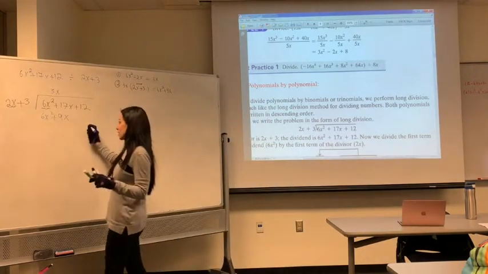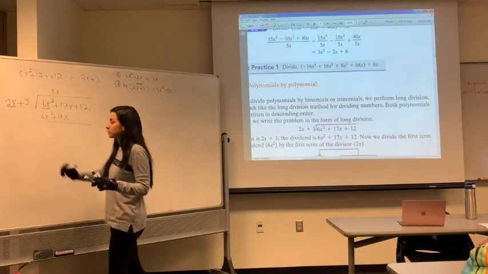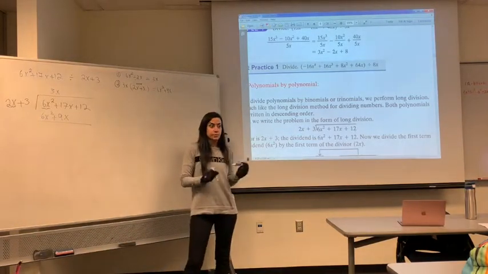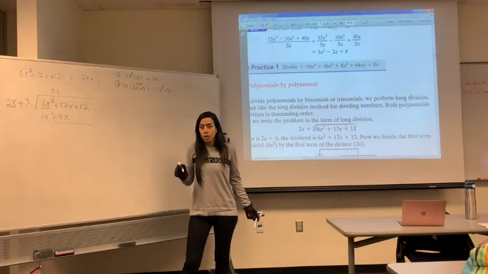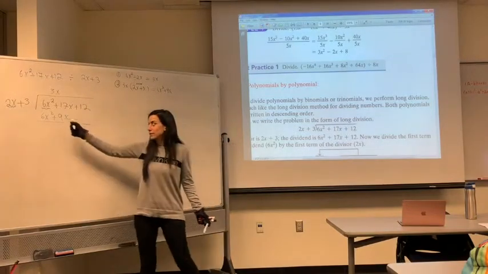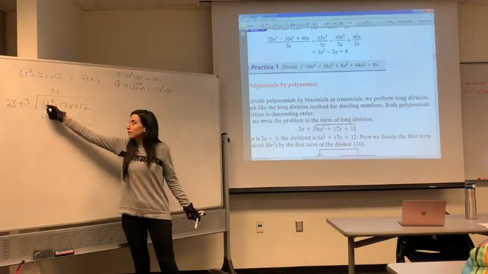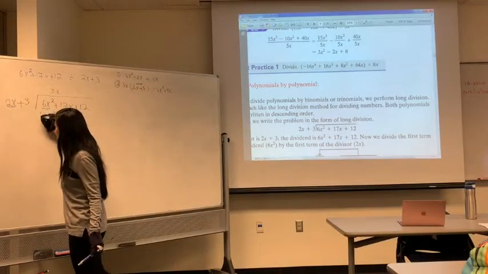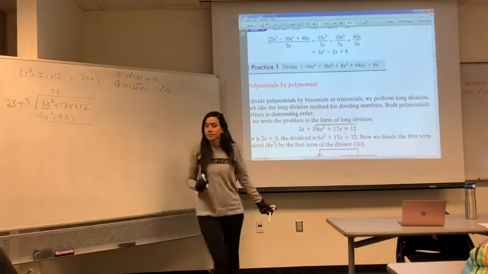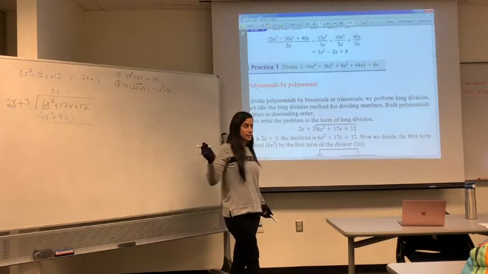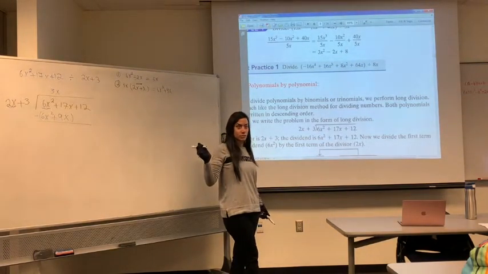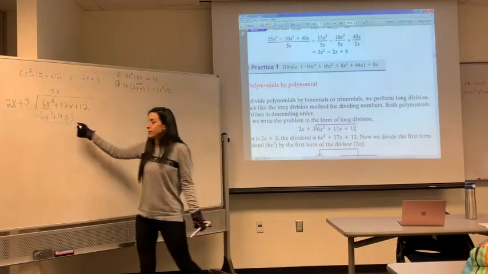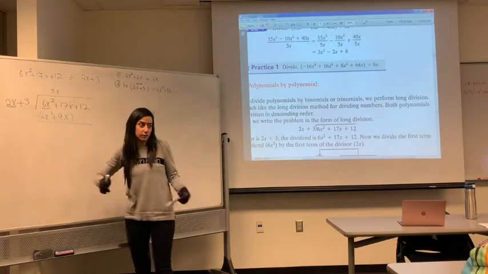Okay. So now I want to subtract this from this one. So I will make it like this. It's more convenient to subtract if I put parentheses here with a negative sign.